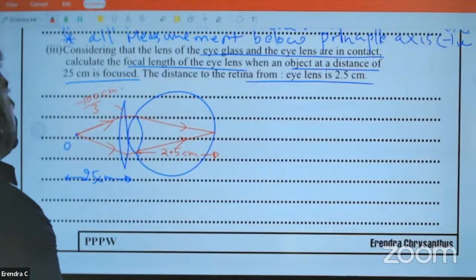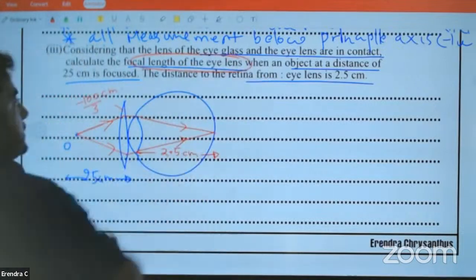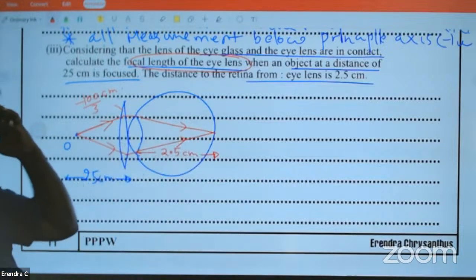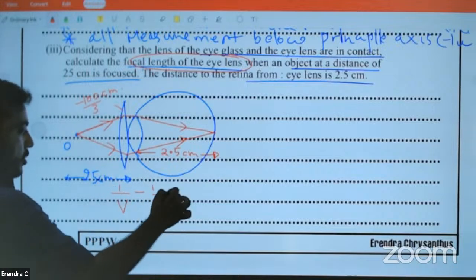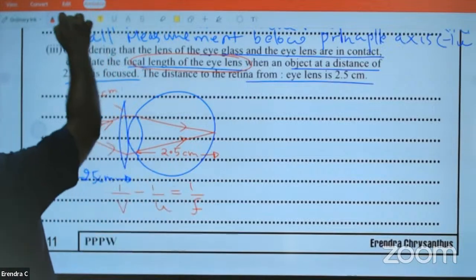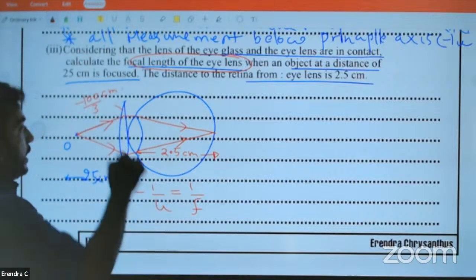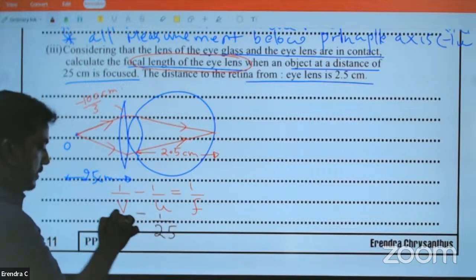What are they asking you? Focal length of the eye lens. Object is here, image is there. So I can apply 1 over V minus 1 over U equals 1 over F. 1 over F. U is 25 positive.